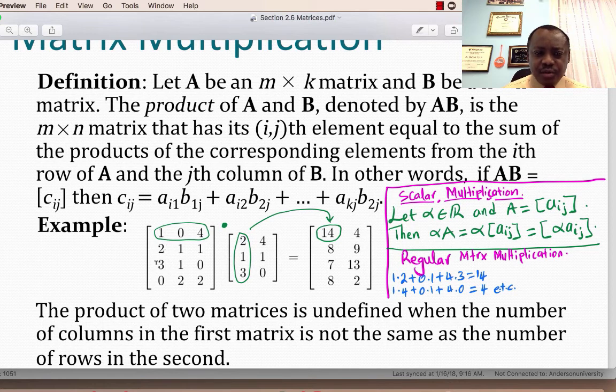I go to the next row, and so on for each row and column, until lastly, I take this row and multiply by this column and put the answer in this last position.